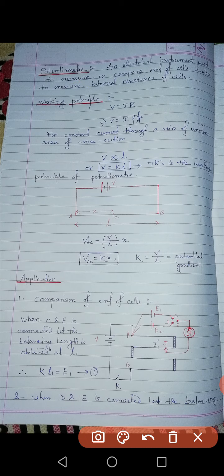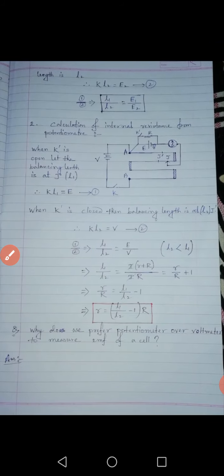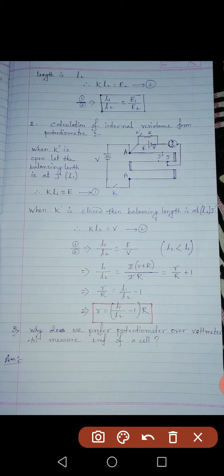Okay, and the next one is how to find the internal resistance. For that we have another circuit, point number 2: how to calculate the internal resistance from the potentiometer. Look at the circuit: here we have taken only one cell, which is E. This cell has an internal resistance of small r, and capital R is the external resistance connected to it.